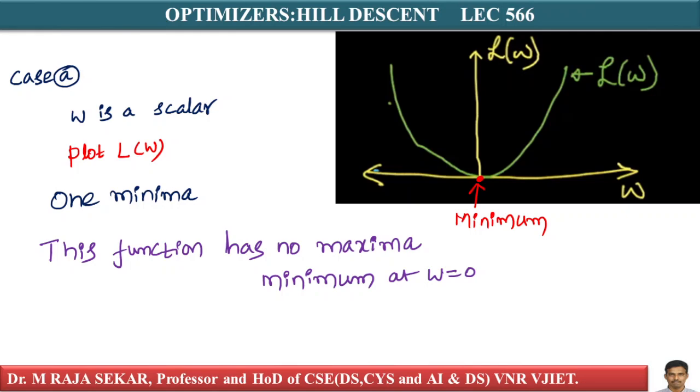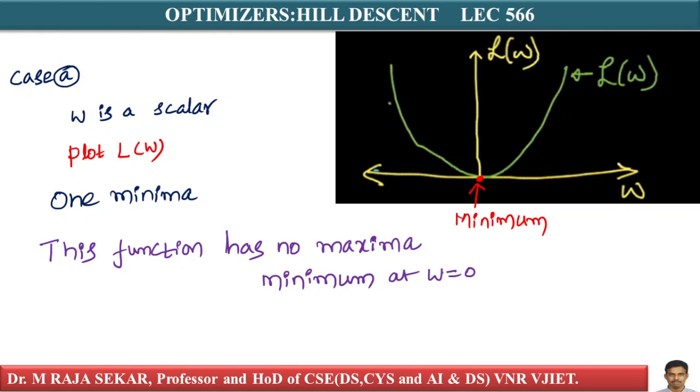We talked about maxima and minima in a lot of detail in our optimization chapter, where we defined what is minima and what is maxima. I am just recalling those concepts.